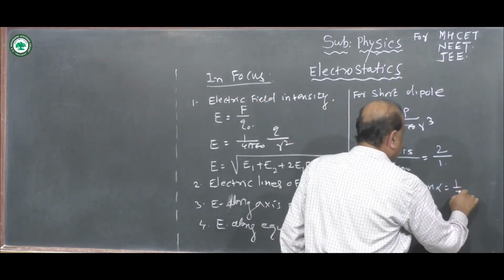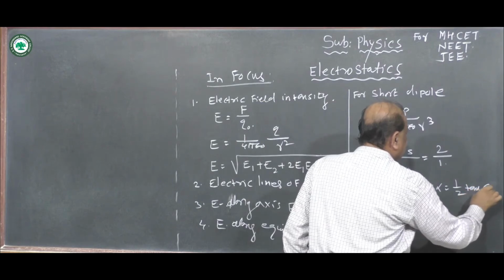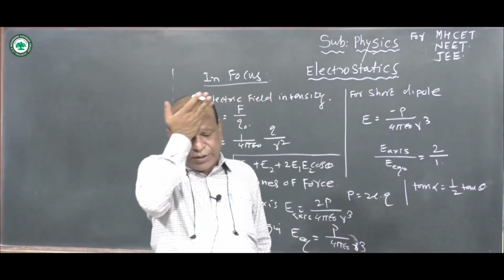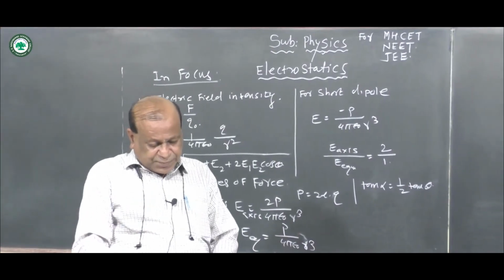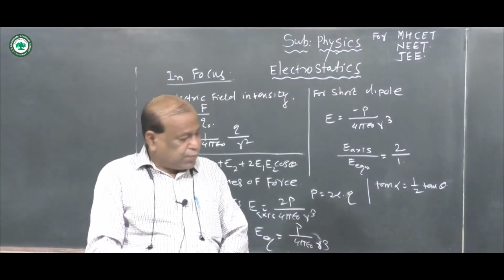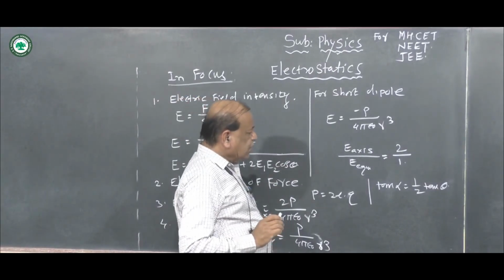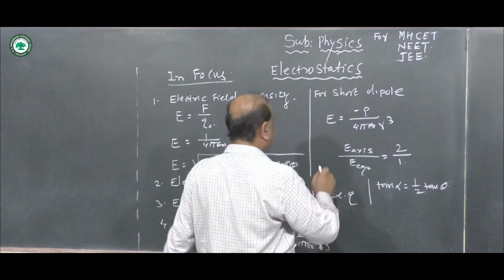That alpha gives the direction of electric field intensity.